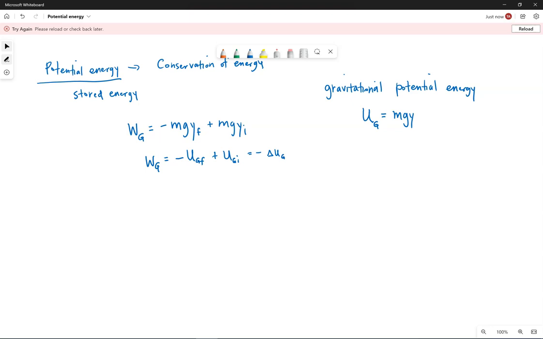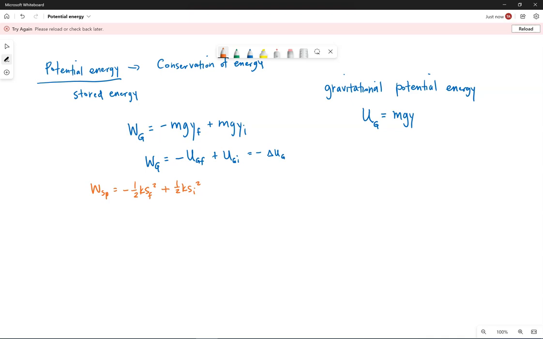Well, similarly, a spring, the work done by a spring only depended on the initial and final compression or stretching. It doesn't depend upon how it gets between those two, just what the initial and final are, similar to gravity.